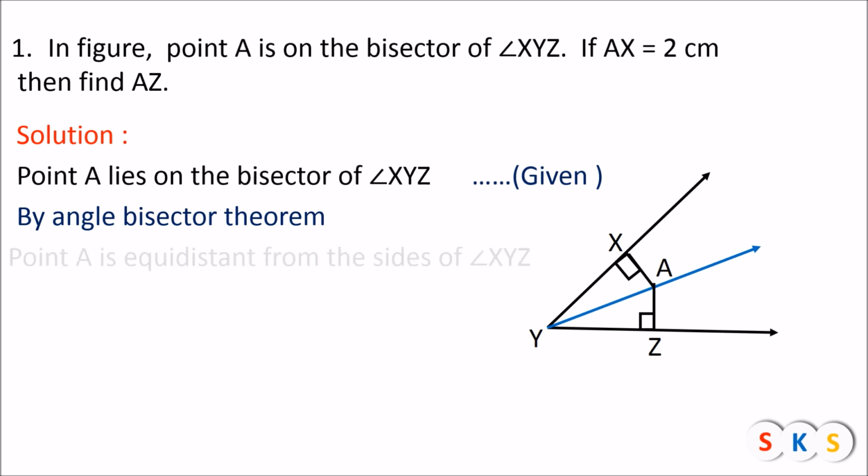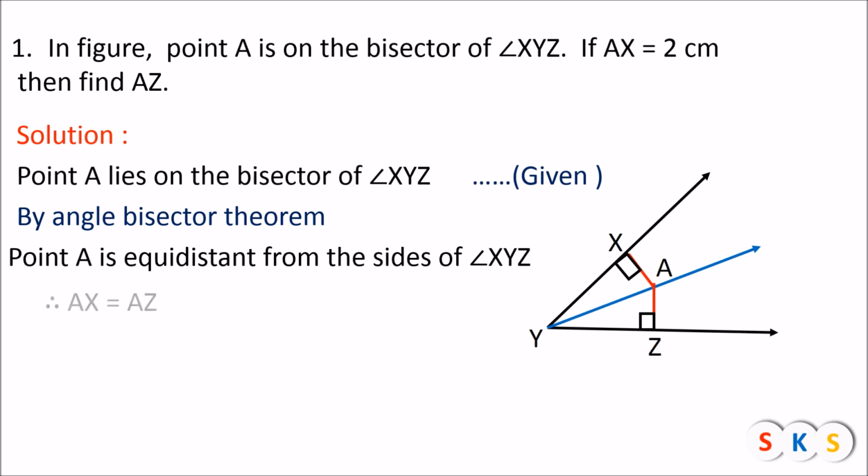So you can see in this figure, A is equidistant from the sides of angle XYZ. Here seg AX and seg AZ represent the distance of point A from side YX and side YZ. So distance AX and distance AZ will be equal.